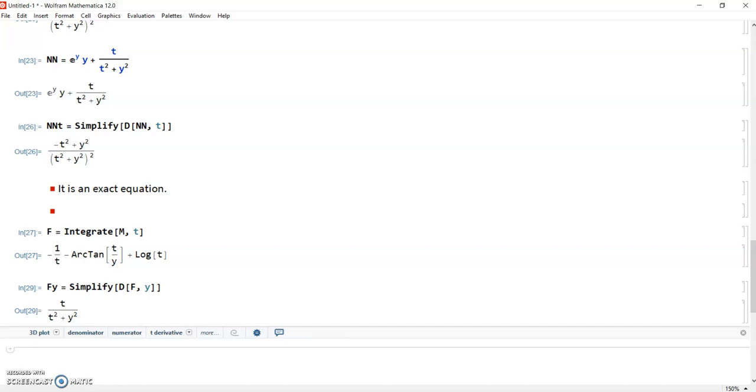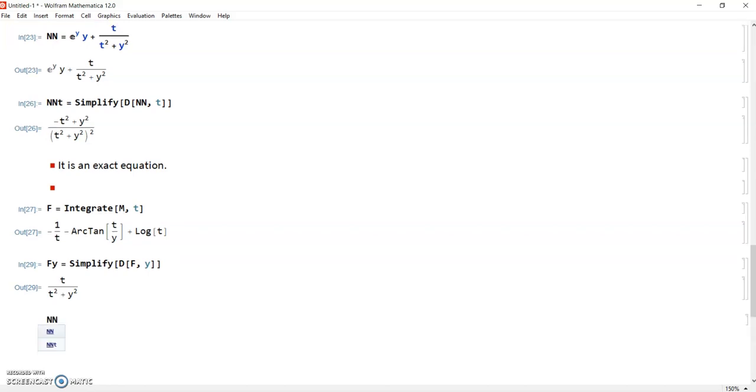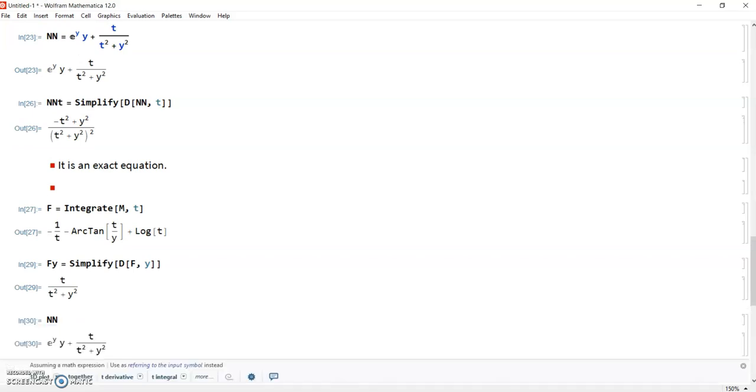So I can recall the n function, which we saved as nn. I just put nn and then shift enter. So it is this. If we compare this nn and the derivative of f with respect to y, the only difference is e power y of y.